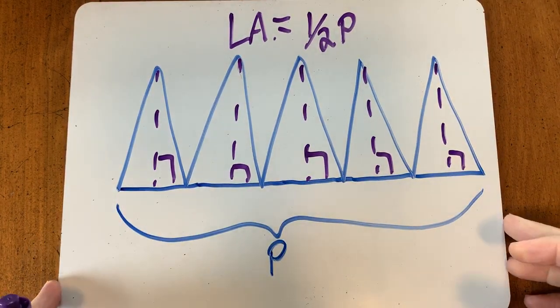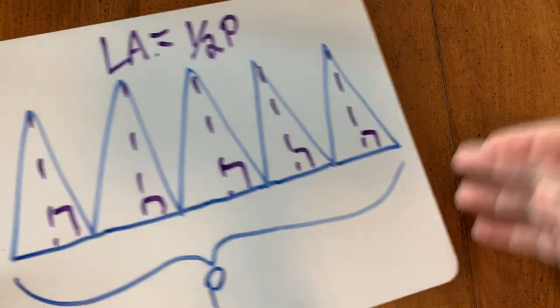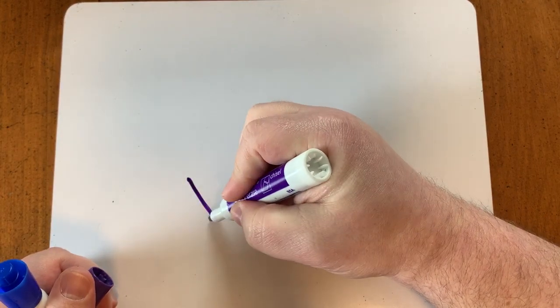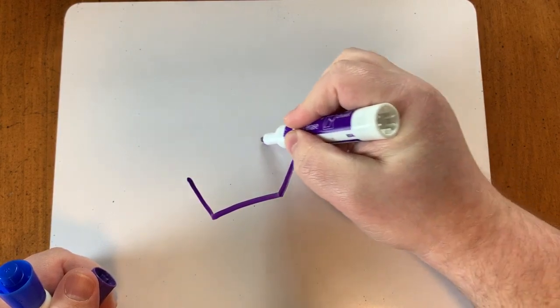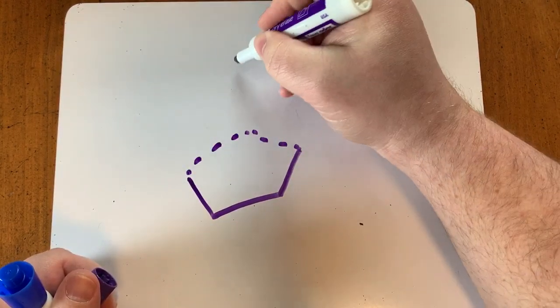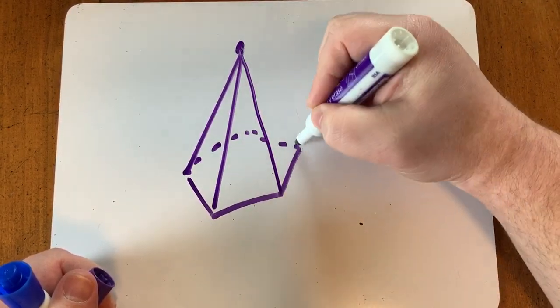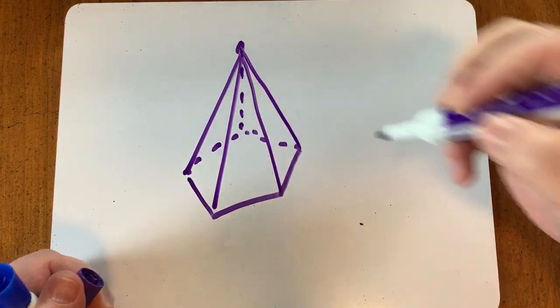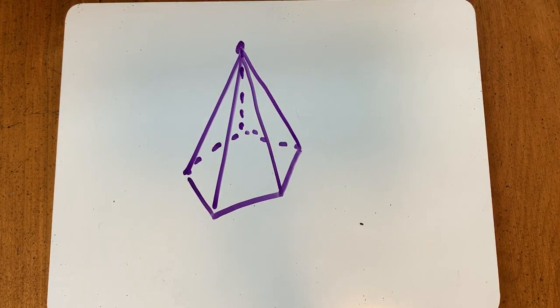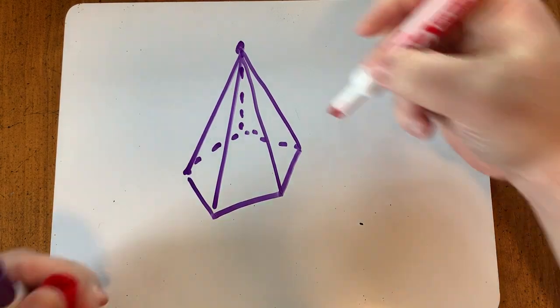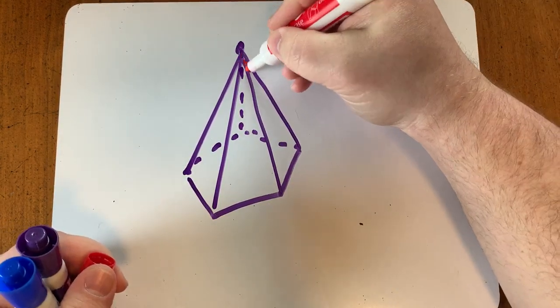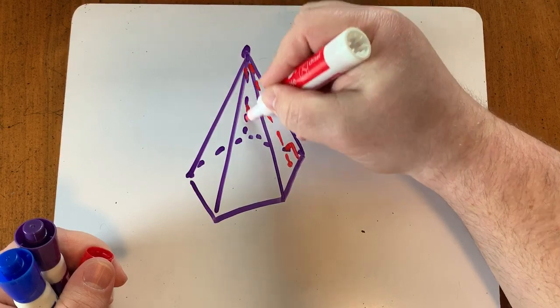And the reason being is, if we take that and we make our pyramid, just a rough 3D sketch of our pyramid, the height of those triangles, of those lateral faces, is right here.